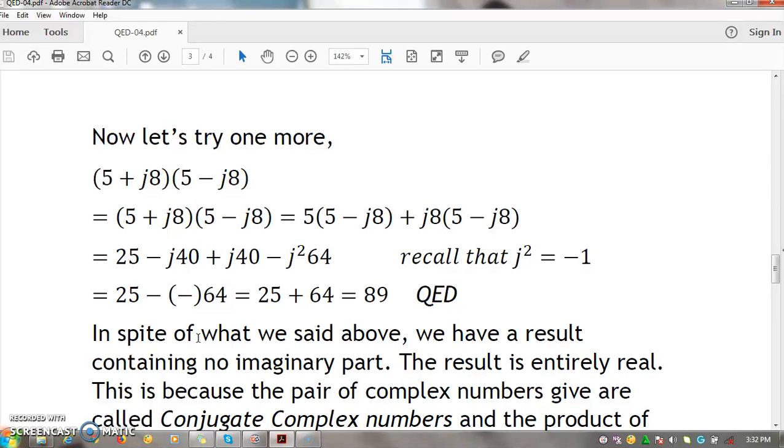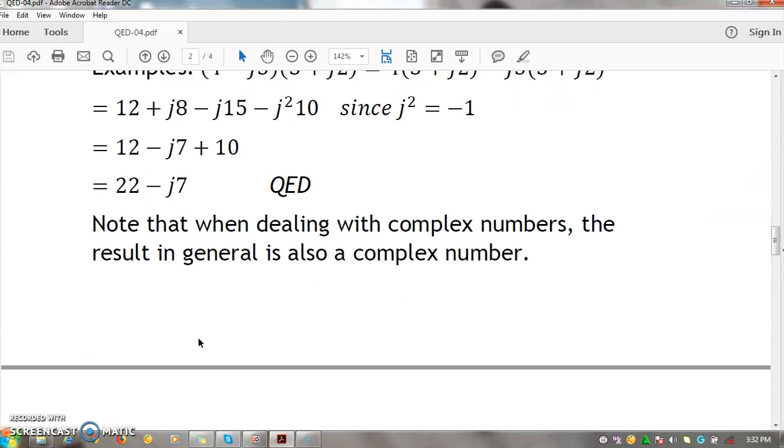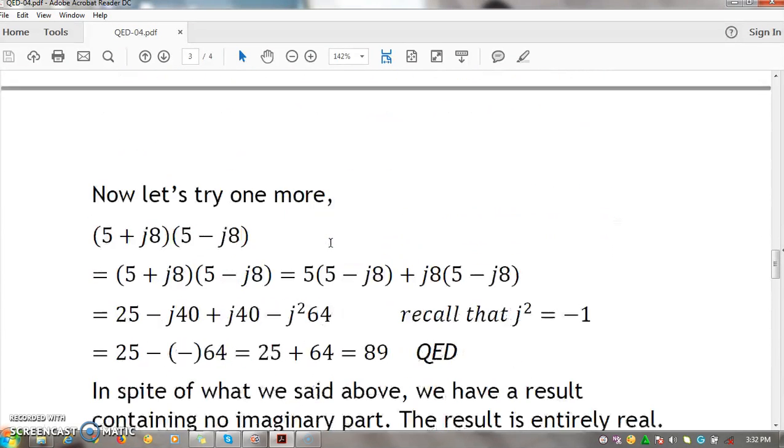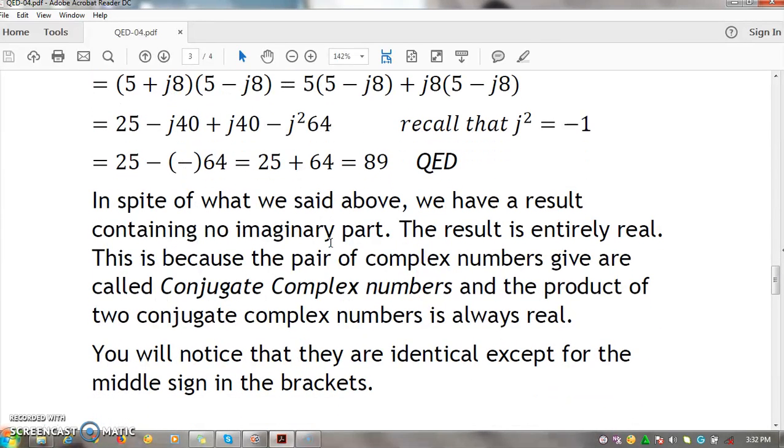Wow. Here we have only the real part, no imaginary part. Why is that? Remember, up here we said anytime we are dealing with complex numbers, the result in general is also a complex number. But in this example, we have a real number. What happened? This is because the pair of complex numbers we're given are called conjugate complex numbers.